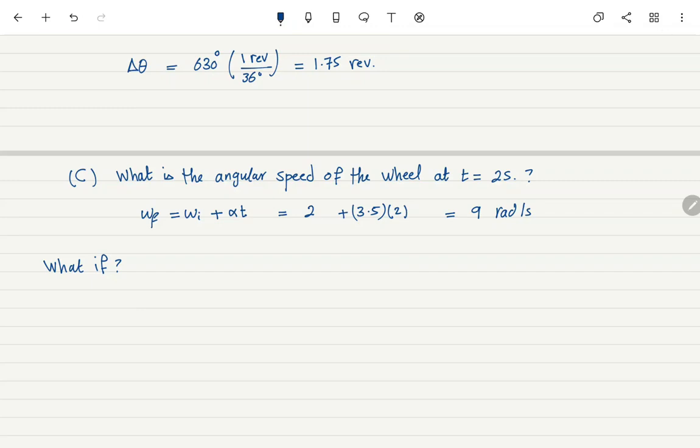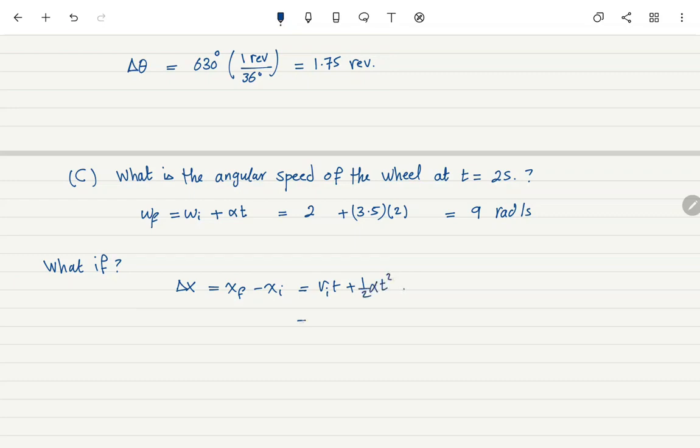Now if we use the same numbers as given in this example here, delta x will be equal to x final minus x initial, or equal to v initial t plus half alpha t square.